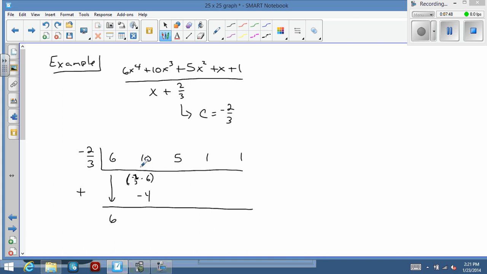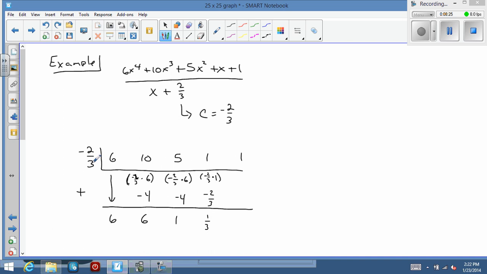And we're going to be adding. So 10 plus negative 4 is 6 again. We're going to go back to that negative 2/3 to multiply by the number down there, which is another 6, and we already know that is negative 4. 5 plus negative 4 is 1. We go back to the negative 2/3 to multiply by the 1, so negative 2/3 times 1 is negative 2/3. 1 plus negative 2/3 is positive 1/3.